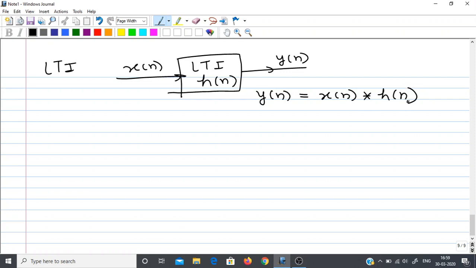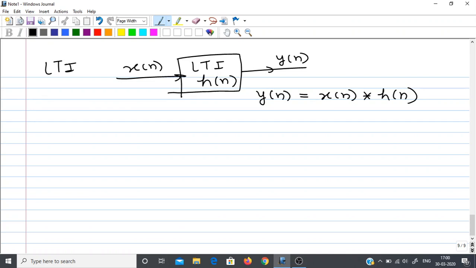And this convolution is a complex operation. It is not as simple as multiplication or addition of sequences. It is a little more difficult. So to analyze the system in the time domain requires computation of convolution.